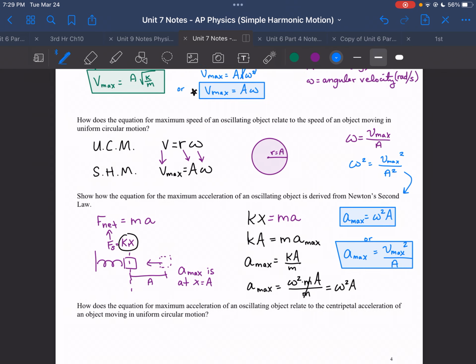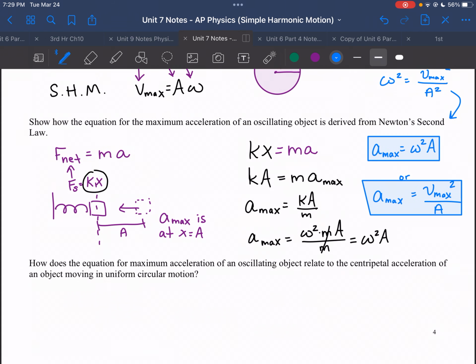Which, if you look at our UCM equations, again, you're going to see a lot of parallel here. Uniform circular motion equations, the centripetal acceleration was v squared over r. Well, and we also said that it was equal to omega squared times the radius.